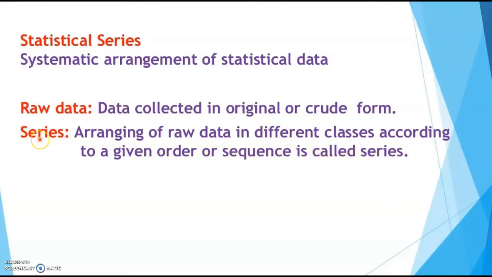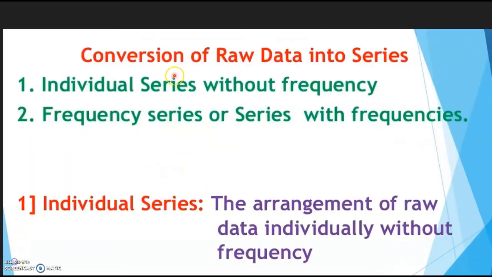So what do you mean by series? Arranging of raw data, that raw data means data collected in original form, in different classes according to a given order or sequence is called series. The next topic is conversion of raw data into series.